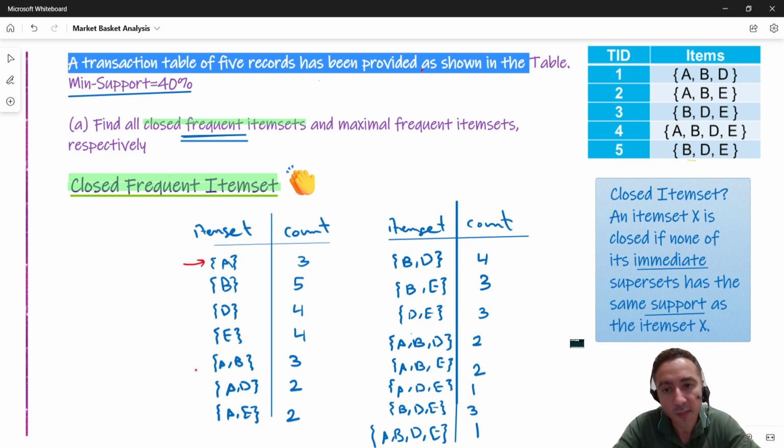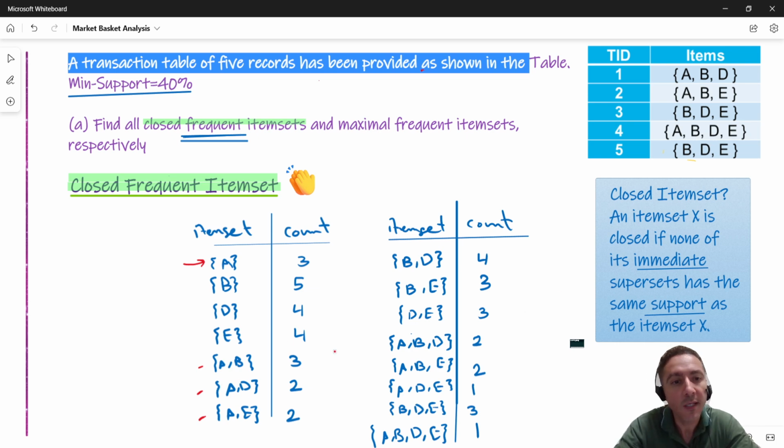So immediate superset would be this one, this one, this one. Yeah, only these are the immediate. So don't tell me ABD. No need, because it says here only the immediate. Those are not immediate. Those will be generated from the 2 item set, not from A immediately.